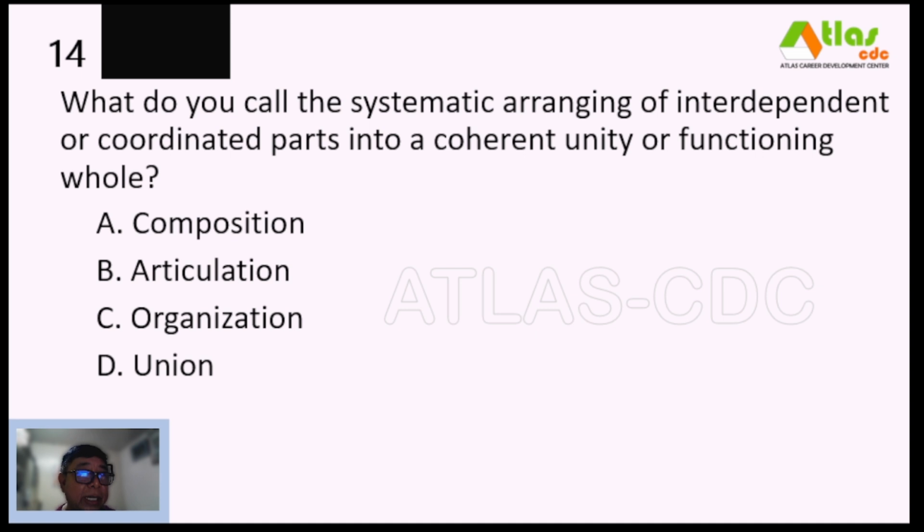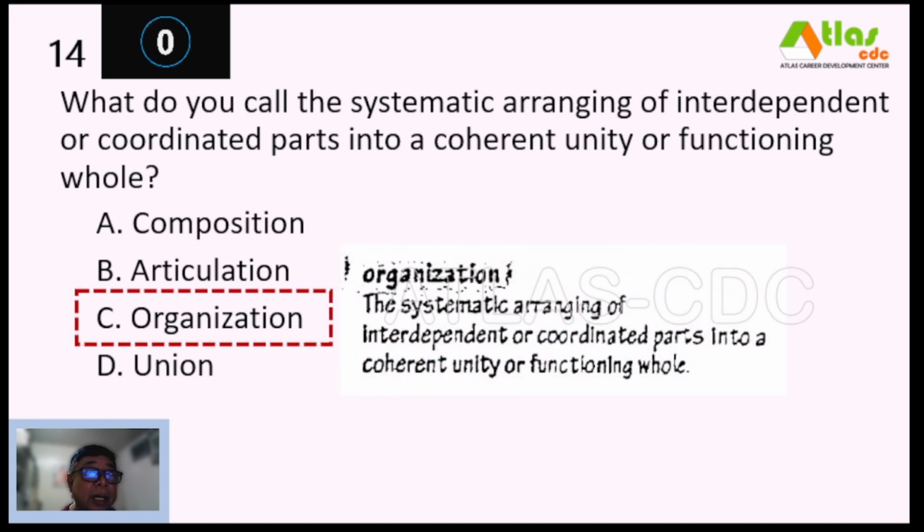Number 14. What do you call the systematic arranging of interdependent or coordinated parts into a coherent unity or functioning whole? A. Composition, B. Articulation, C. Organization, and D. Union. And our correct answer is letter C, organization.